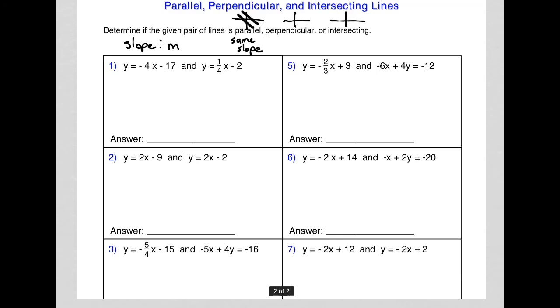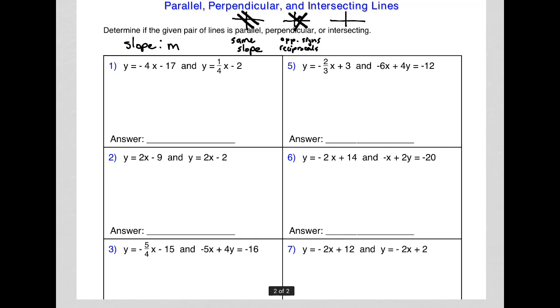Now perpendicular lines, on the other hand, remember they cross and they form 90-degree angles. So basically we also talked about their slopes having opposite signs and that they were reciprocals. Alright, so we'll go ahead and look to see whether or not we have that going on with the slopes.